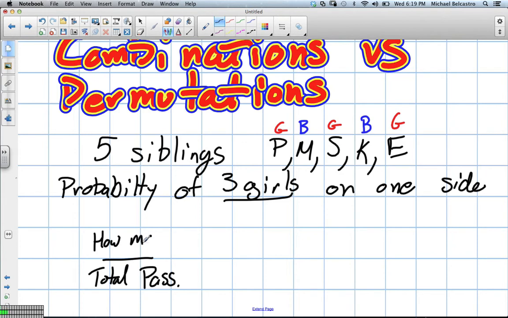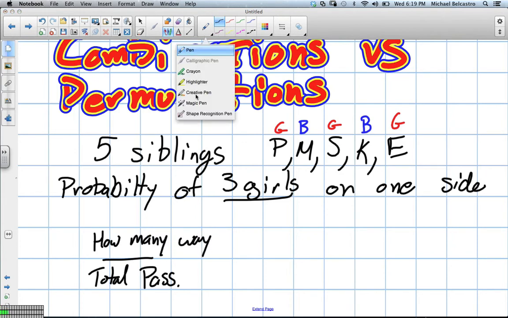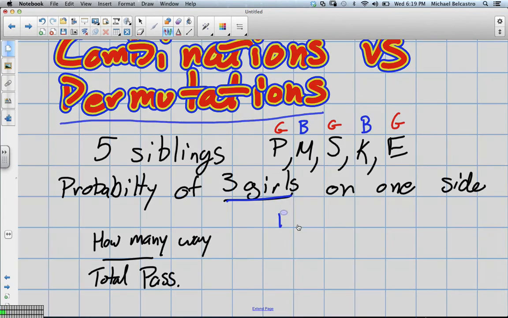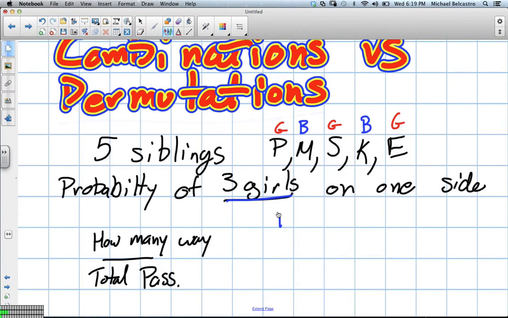Now, the difference between a combination and a permutation is that permutations are where order matters. So in this question, if they had said, of the 3 girls, Paula must be first, Stephanie must be second, and Emily must be third, that is where order would be important.